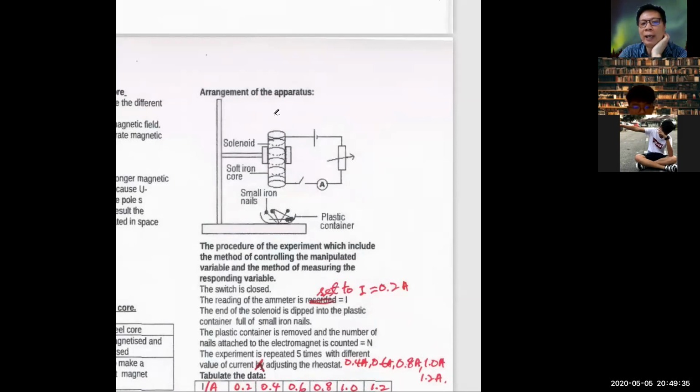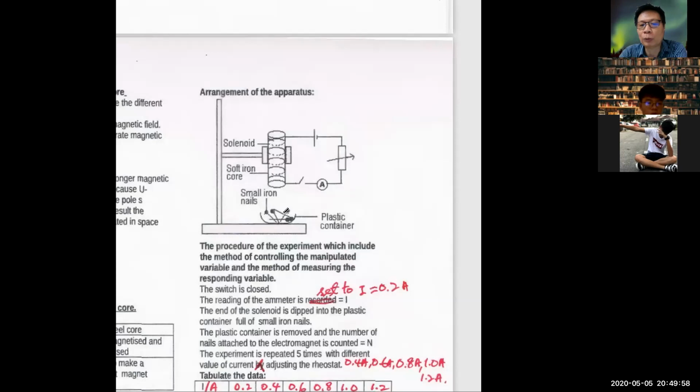Okay, soft iron core is inside. Then the wire is winding outside. So this is the dry cell. This is the power supply. This is a rheostat. Rheostat is very important. This is a switch. This is an ammeter to record the current. Okay, and the iron nails are put inside the plastic container.